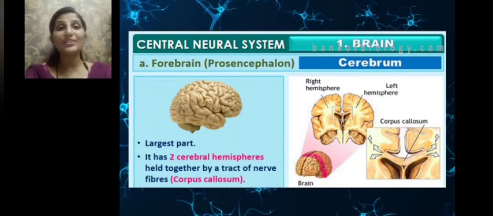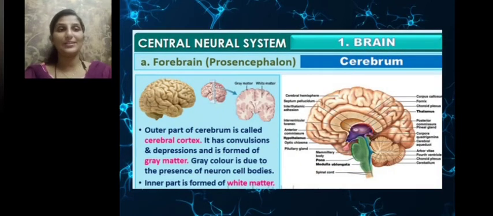It is the largest part of the brain, and it has two cerebral hemispheres, the left and the right, which are held together by a tract of nerve fibers called the corpus callosum.